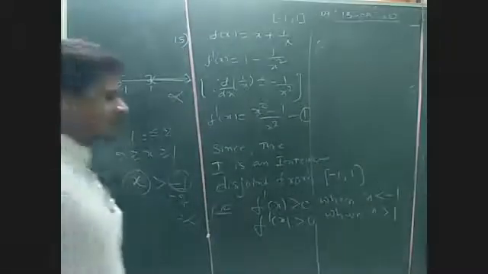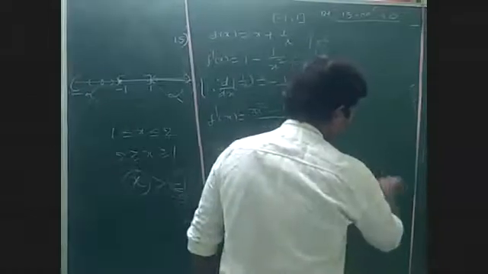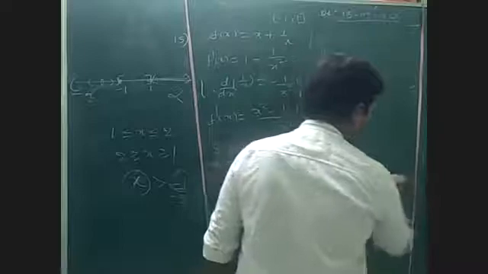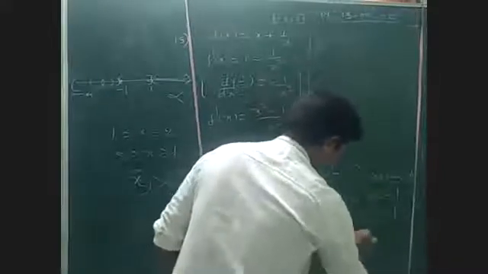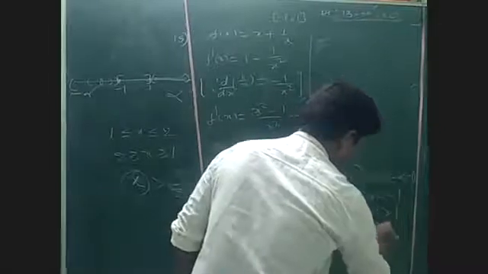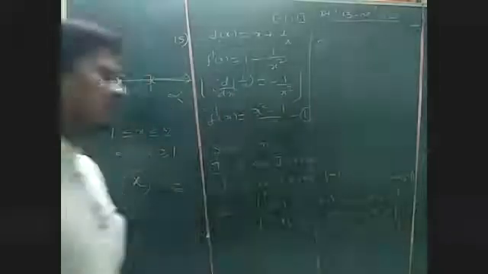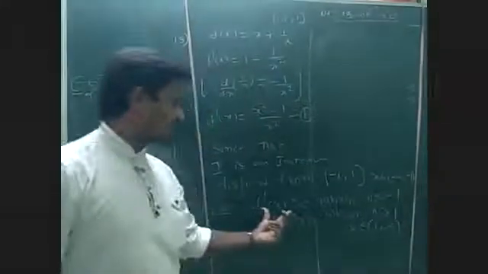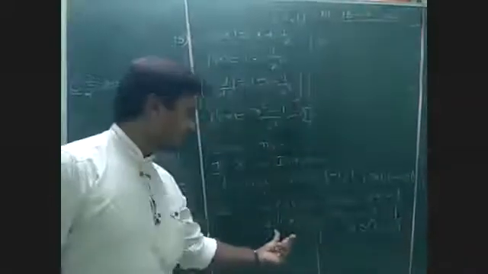x less than -1 is nothing but x belongs to the open interval minus infinite to -1. x greater than 1 means x belongs to the open interval 1 to infinite. Simply you can write x less than -1, f dash of x is greater than 0; x greater than 1, f dash of x is greater than 0.